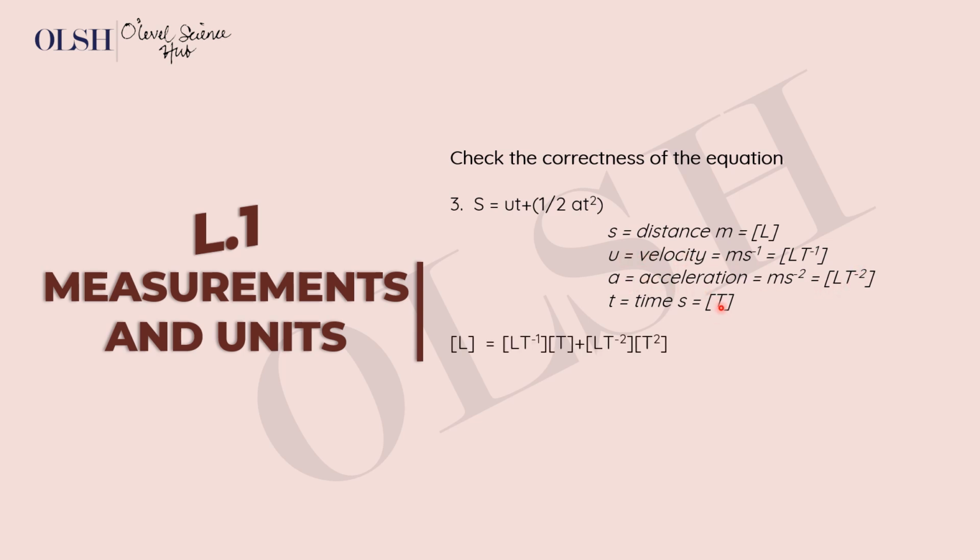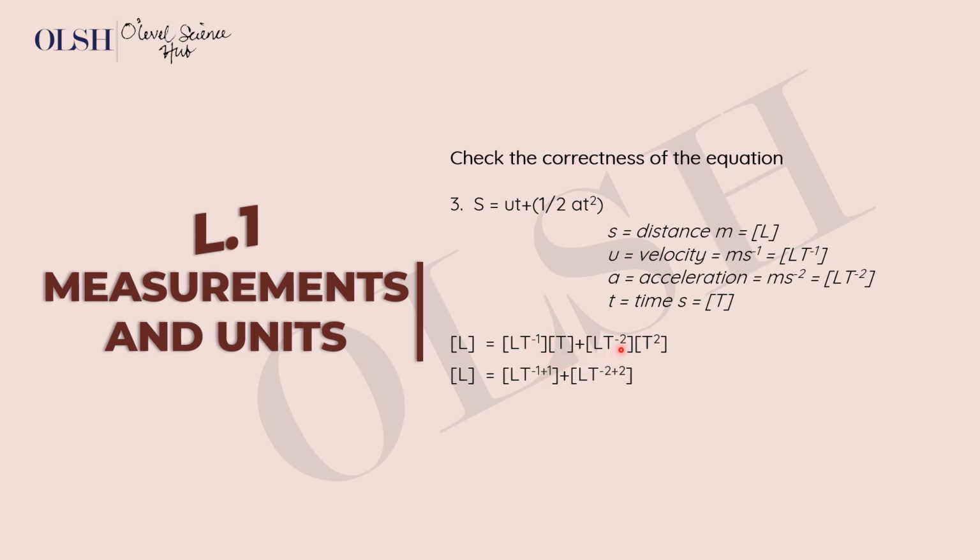So if we replace this equation with the dimensions, we have this. Simplifying, we have [LT^-1] times [T]. If we simplify that, from indices, we're going to have [LT^(-1+1)].